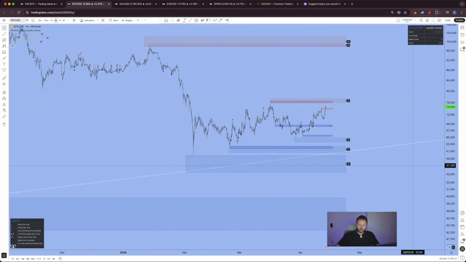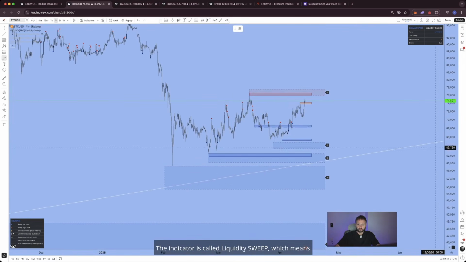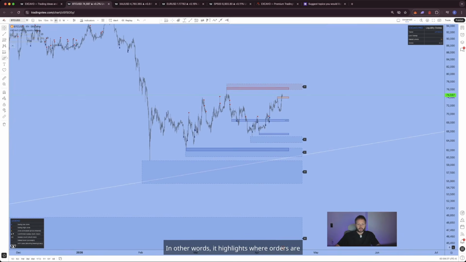Here's the situation. The indicator is called liquidity sweep, which means this indicator shows liquidity. In other words, it highlights where orders are concentrated and those zones where it's interesting to open trades, the areas from which the market reacts. To begin with, I personally prefer to look at this indicator exclusively on two time frames.